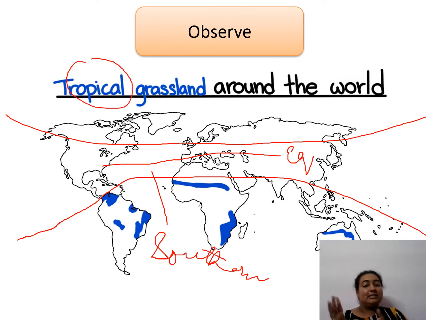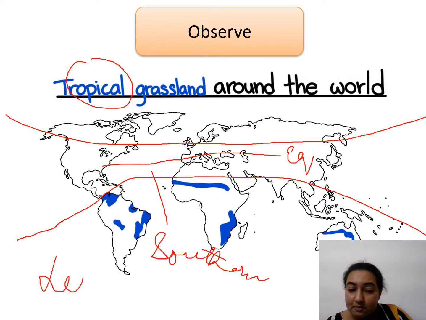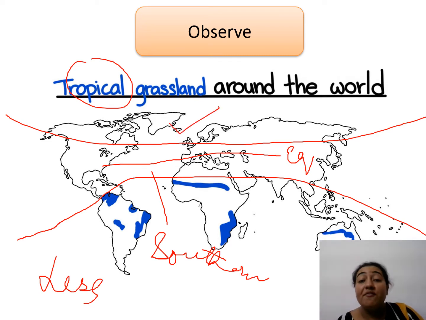So what is the feature with this image? Immediately you need to think that there are lower latitudes, no extreme winters, because extreme winters happen in the northern hemisphere. We are talking about the southern hemisphere, so no cold winters. Now grassland is another word which is added over here.